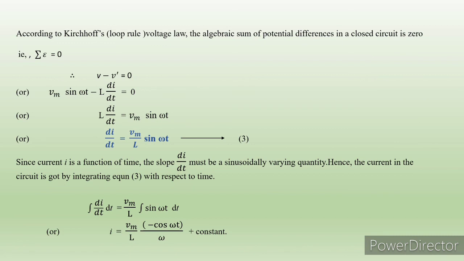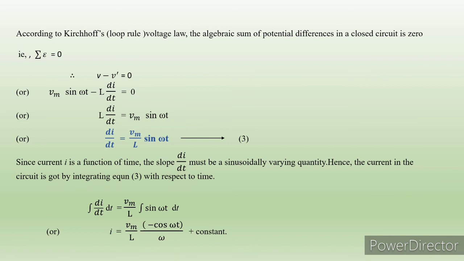Now the negative term is shifted to the right and rearranged, or L di by dt equal to Vm sin omega t, or di by dt is equal to Vm by L into sin omega t.